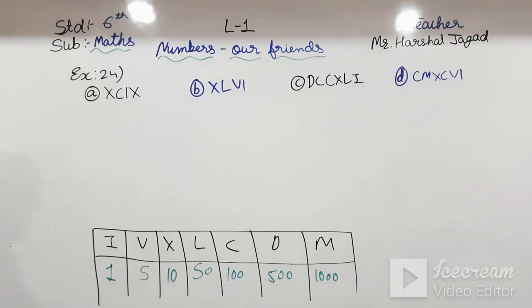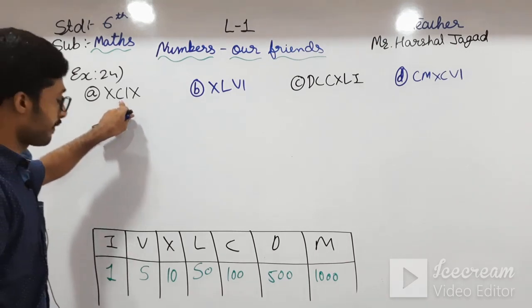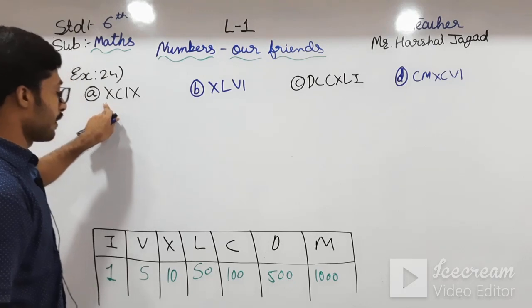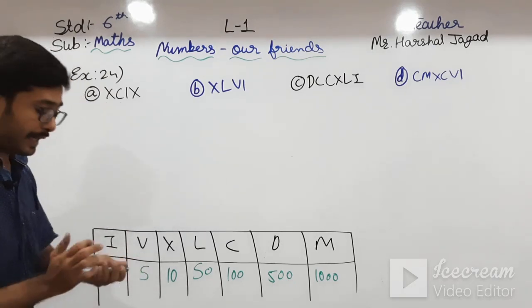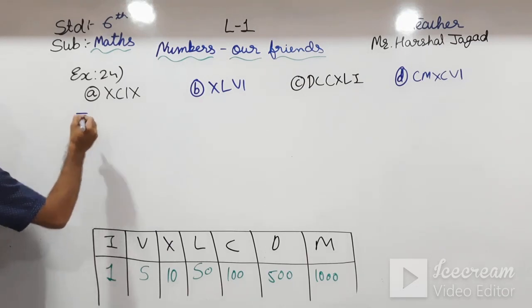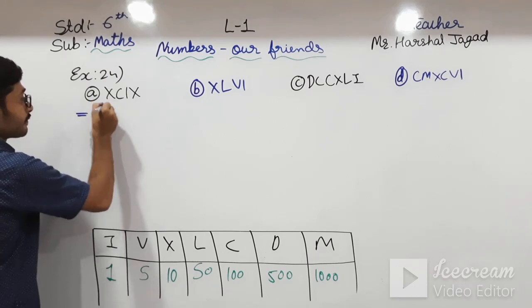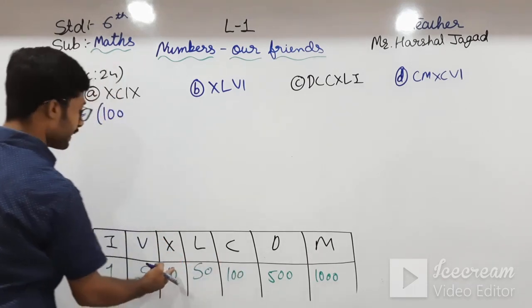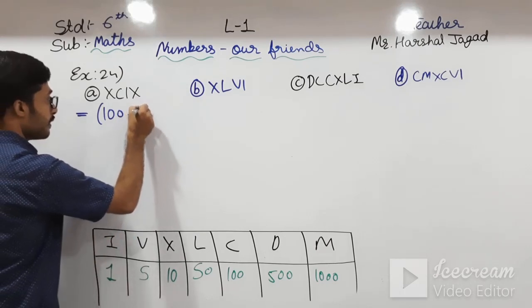Here C is greater and X is smaller, so it will be minus according to the rule. I have taught you the rules in the previous video. So C is 100 minus X, 10.